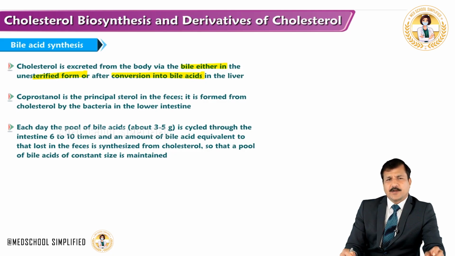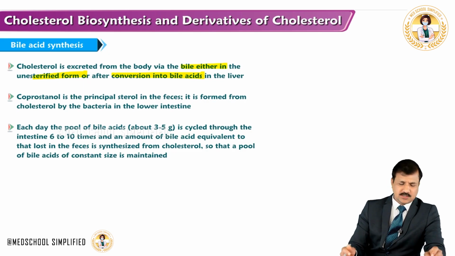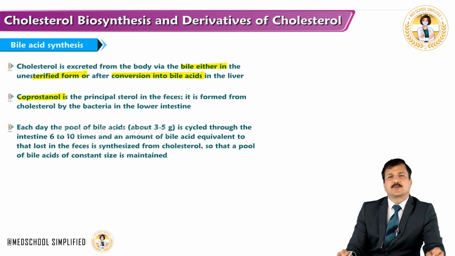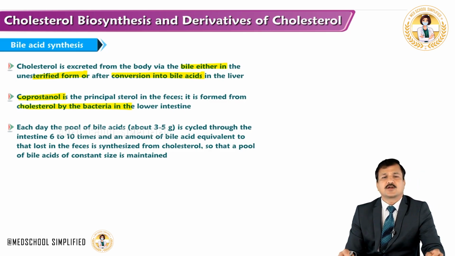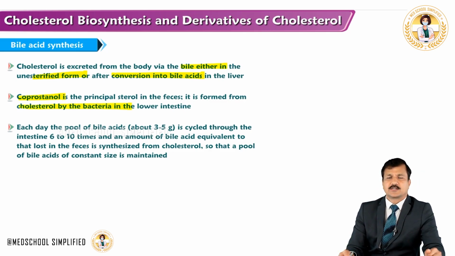Now the predominant form of cholesterol found in the feces is a converted form called coprostanol. This coprostanol is the principal sterol found in the feces, and it is formed by the action of bacteria on cholesterol, especially in the lower intestine, like the colon, converting cholesterol into coprostanol, and that is the excreted form of cholesterol in the feces.